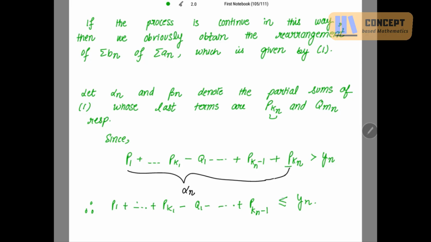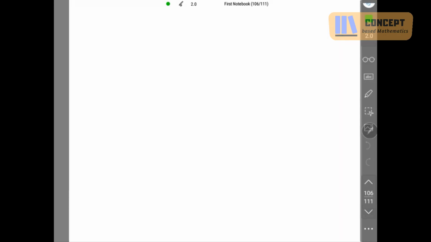So this sum will now be less than or equal to yn. Right? Now I just add again this p_{kn} on both the sides, just to get the knowledge of this inequality sign, and I have added this additional step so that it will be clear to you by steps.